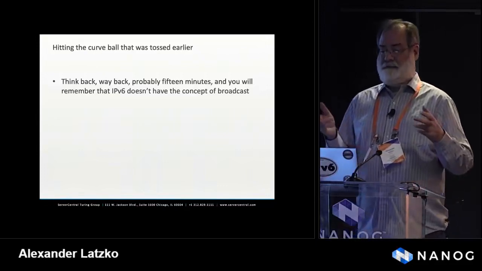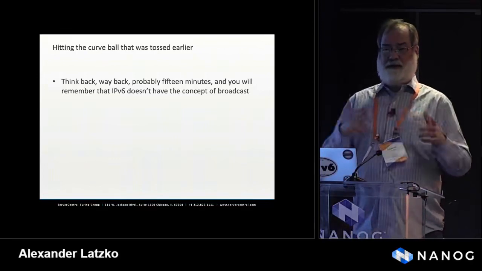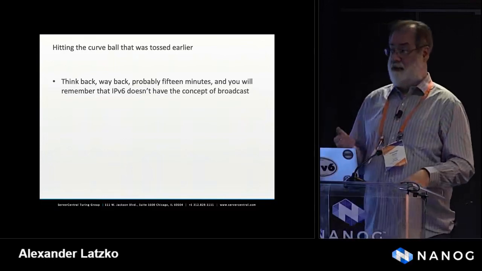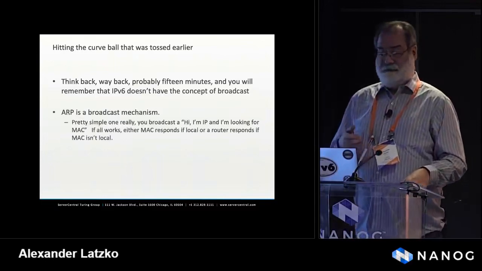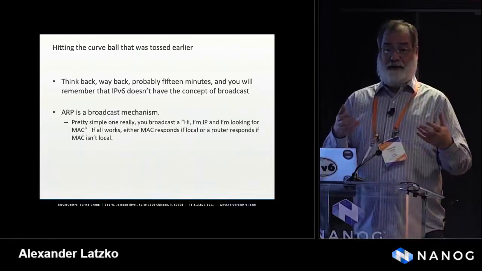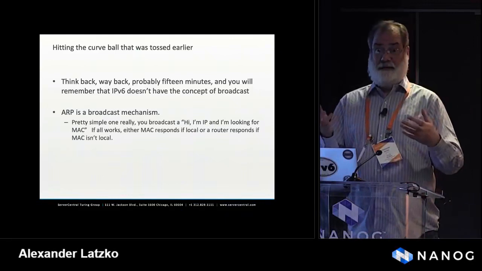Okay. If I timed this right, about 15 minutes ago I told you about that curveball, no ARPs, because there's no broadcast. Has anybody here actually looked at a Wireshark trace of an ARP? Okay, it's that simple.